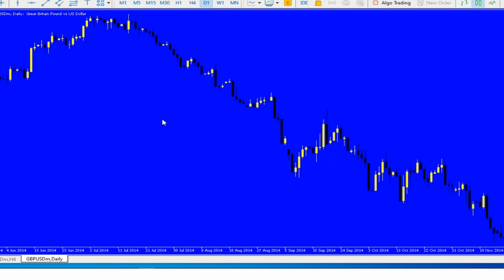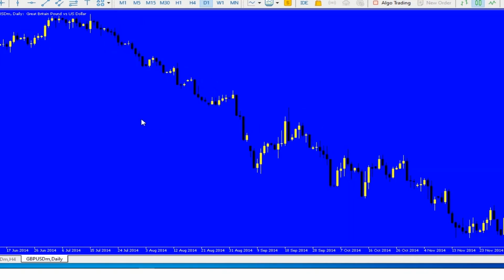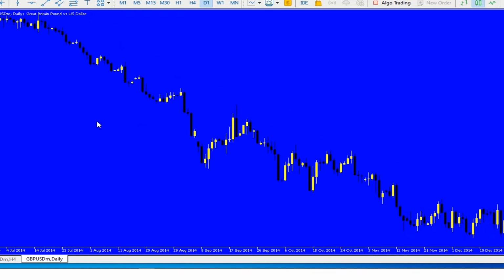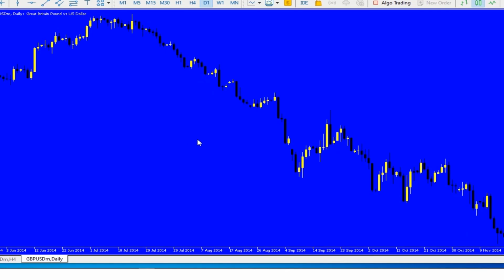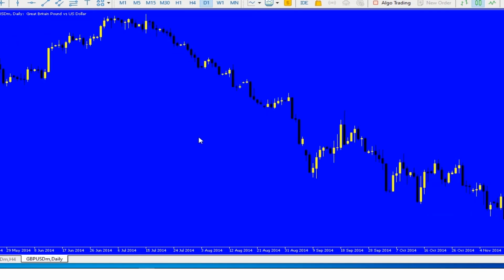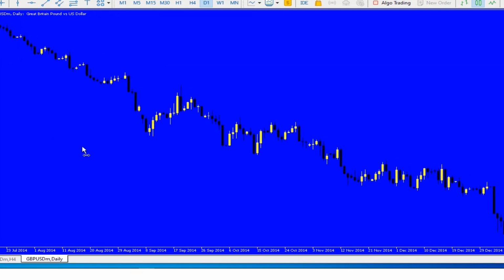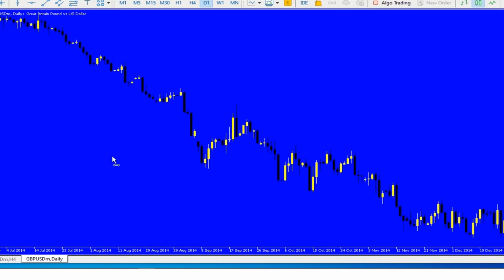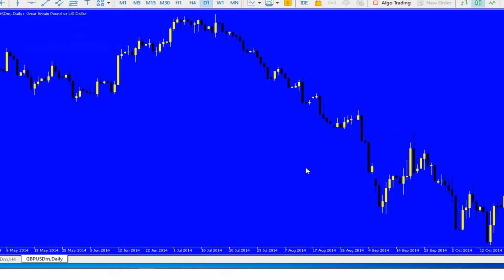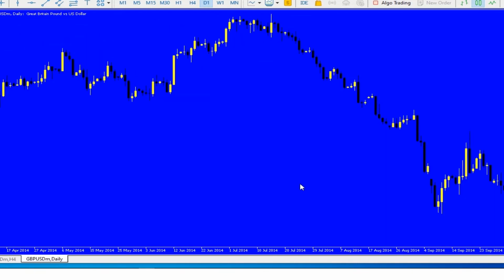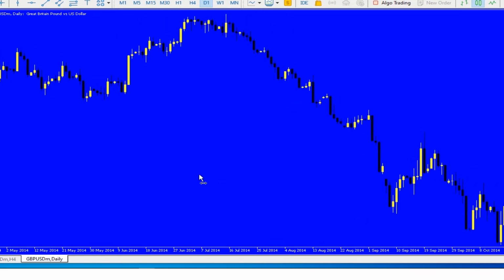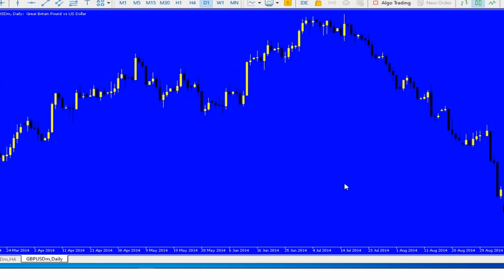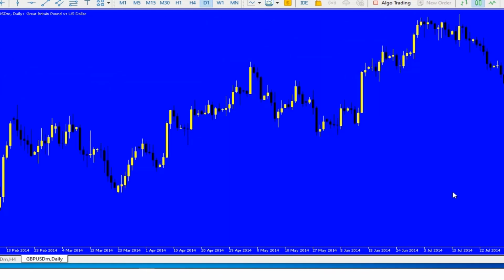That's where institutions place their orders, and price always tends to these liquidity levels. These levels are located at different places: we have major levels and minor levels. High probability turning points are the major zones, which are major demand and supply zones. Therefore, in this video, I'm going to touch on supply zone structure.